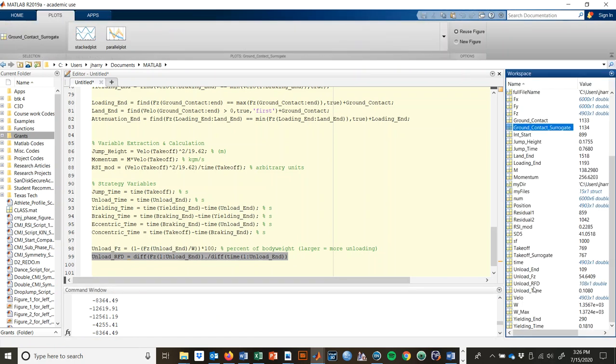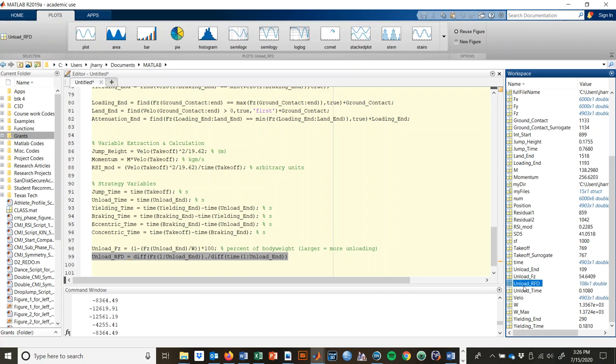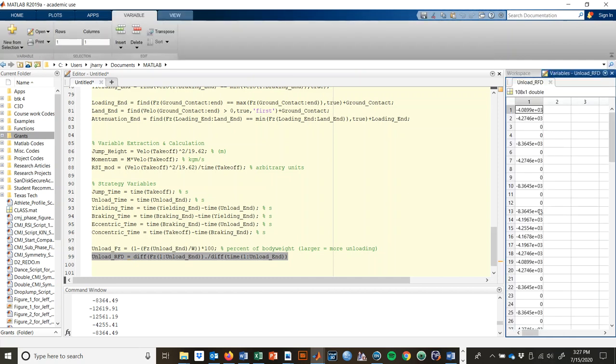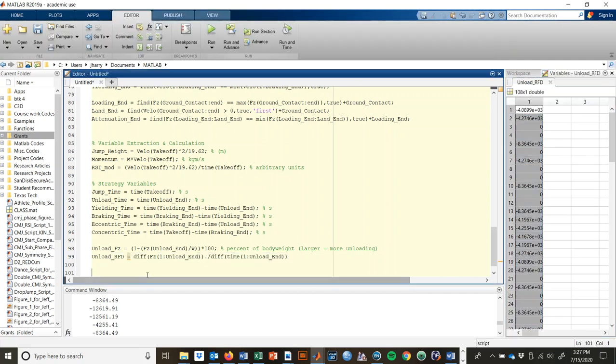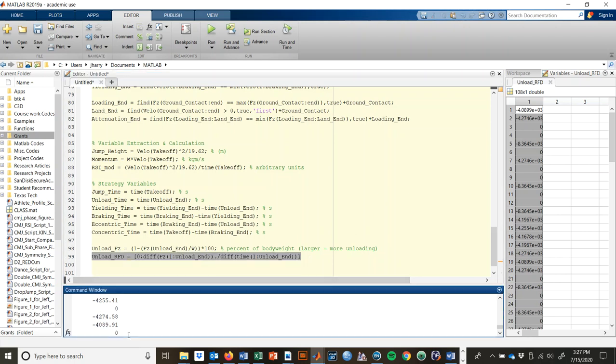Took long enough, right? But you'll see here, 108 frames. That's the length of the unload phase. And then from this, what we would need to do is, let's see if this will work by putting in what we had originally. All right, you'll notice right here, this unload was 108. It technically should be 109.